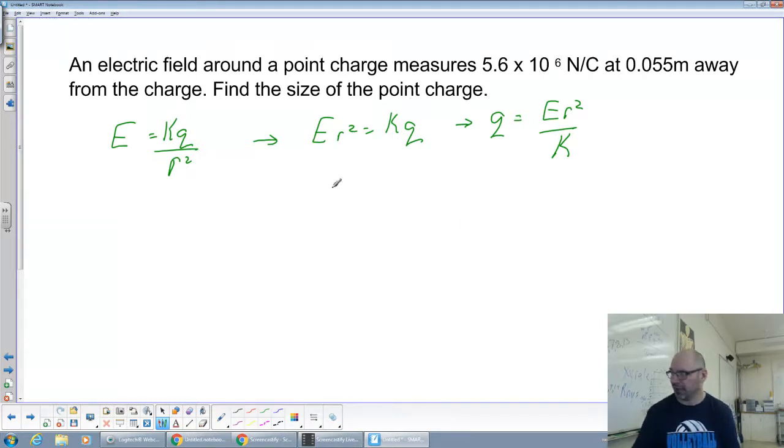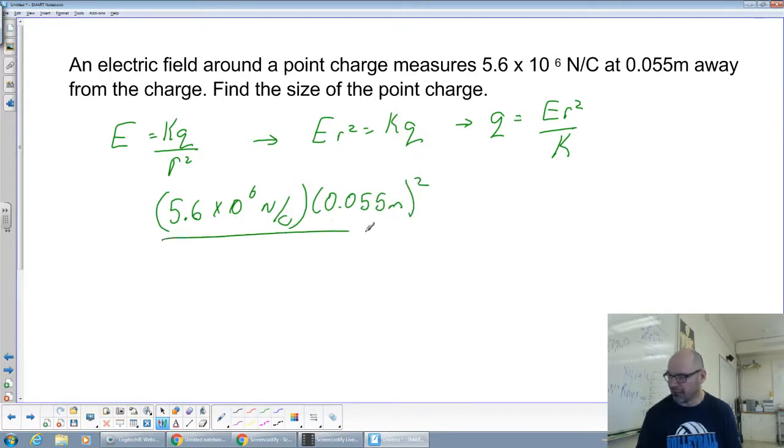So our E value is 5.6 times 10 to the 6 newtons per coulomb. Our R value is 0.055 meters squared. And then we have to divide by 9.0 times 10 to the 9.